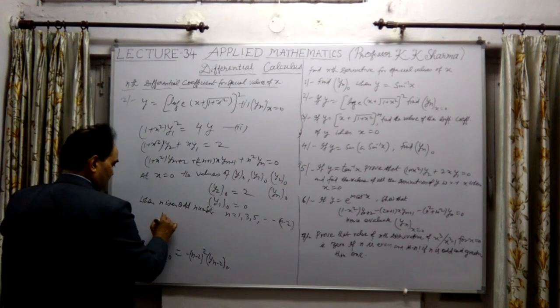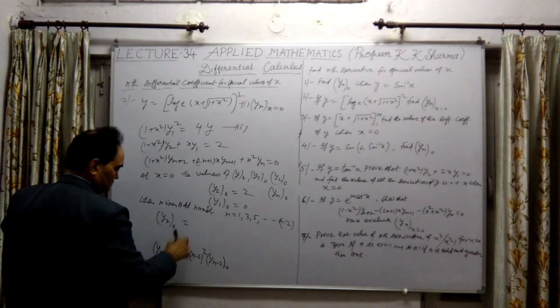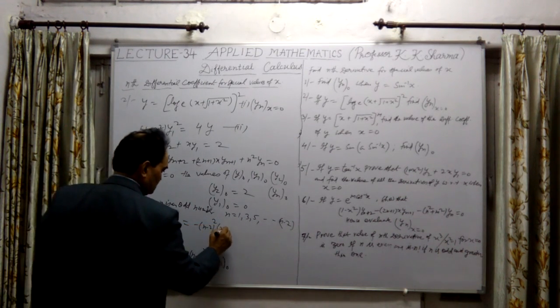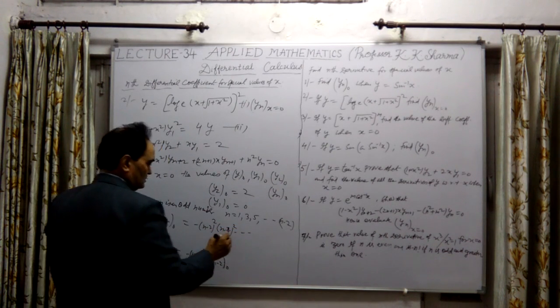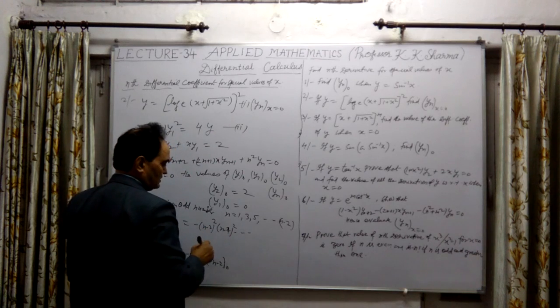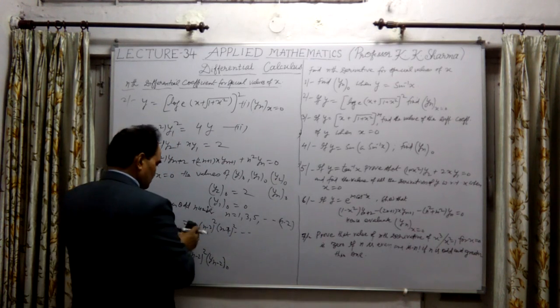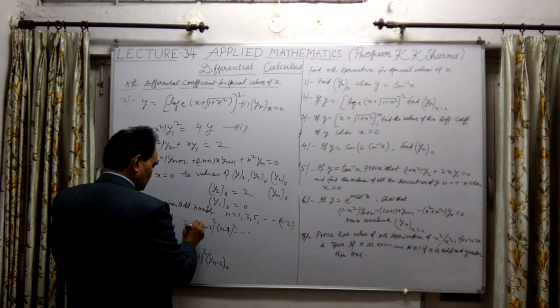So yn at 0 equals minus (n minus 2) whole square, (n minus 4) whole square, and so on. The last step will be with negative sign, so double negative will be there, minus 1 to the power (n minus 1)/2.